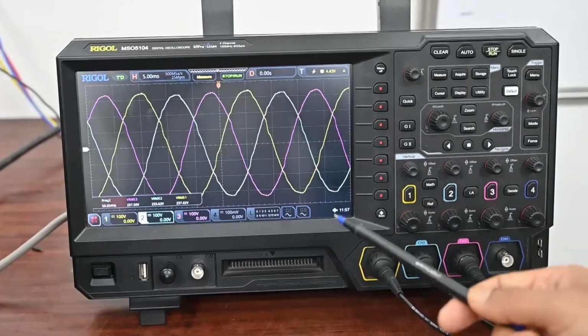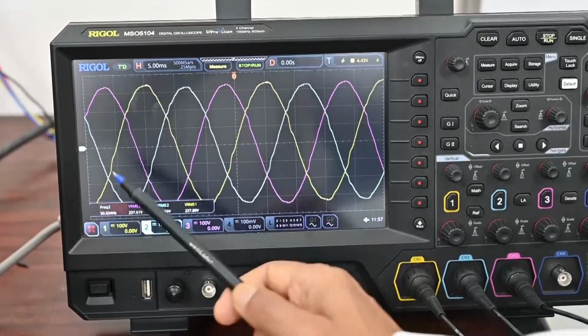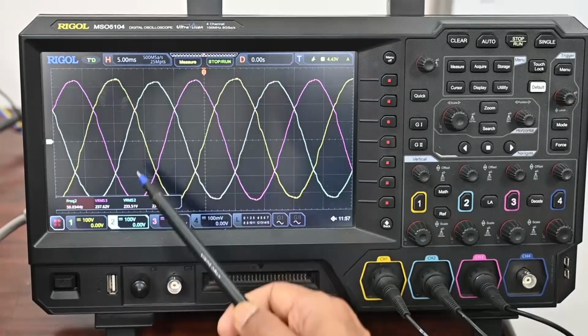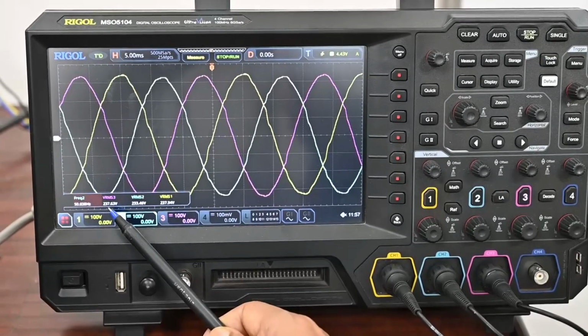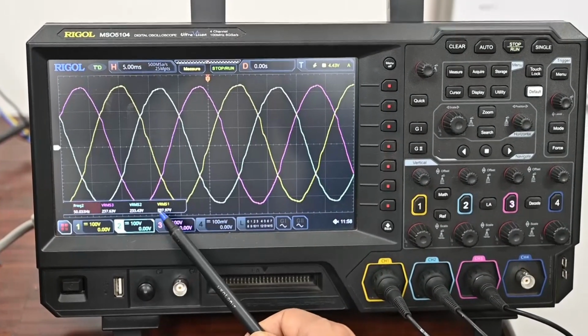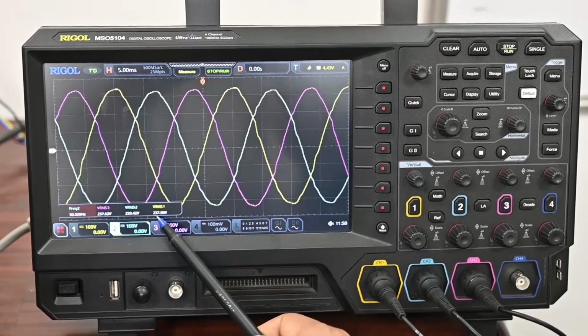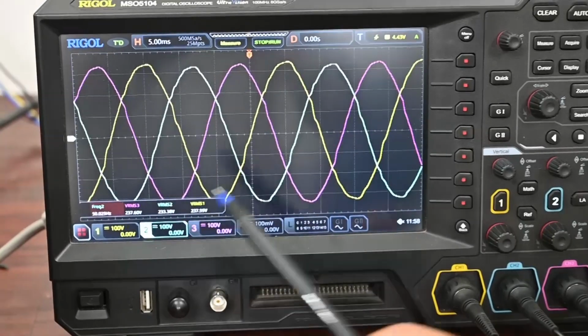In addition, we see the frequency right now is 50.034 Hz, and the voltage of each phase, not the line voltage. The phase voltage of the red one is 237.6 volt right now, the phase voltage of the Y one is 237.98 volt, and the blue one is 233.38 volt.